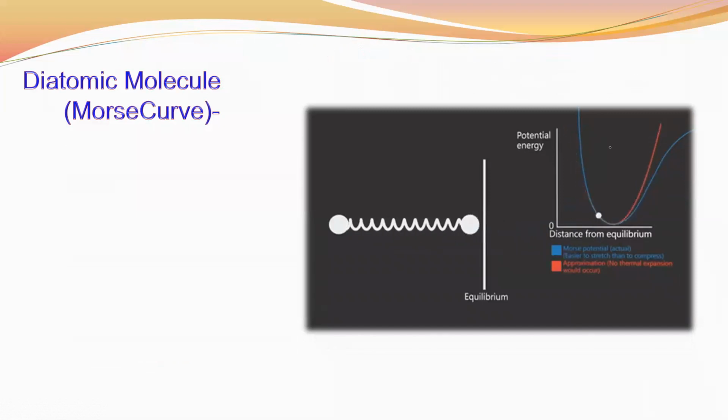Here, the red one is the approximation for a diatomic molecule, and the blue one is the actual potential energy of a diatomic molecule.